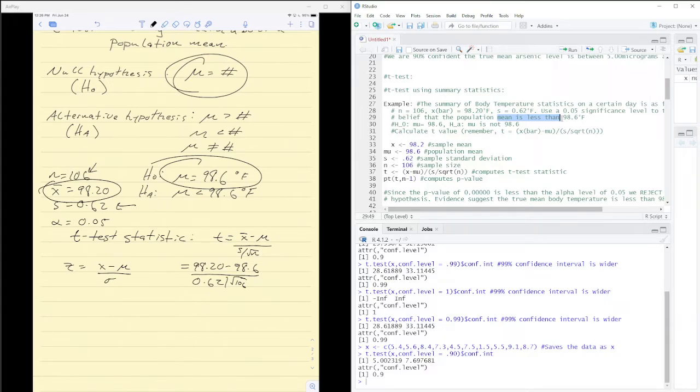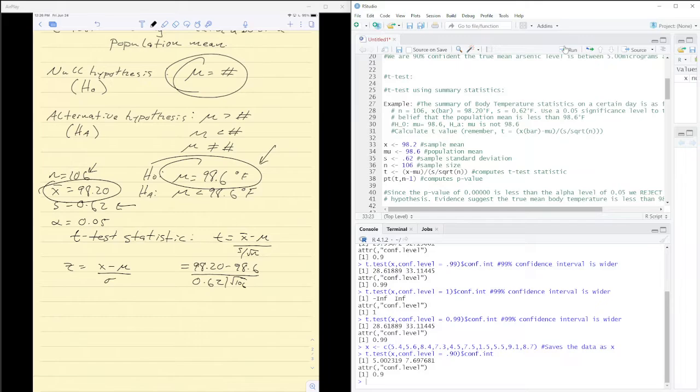So those are some ingredients that we need, and let's see what this turns out to be. So I'm going to enter all the information here. When you do your own problems, you can just change all of these numbers according to what you need. So X I'm using as my sample mean, mu as my population mean in the null hypothesis, S for my standard deviation, and then 106 as n for the sample size.